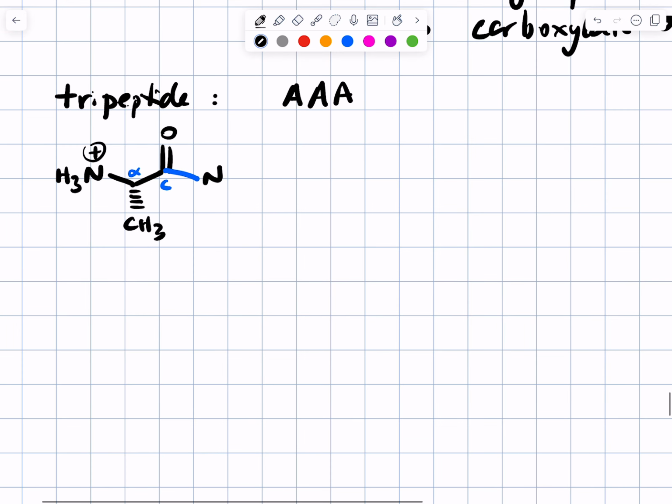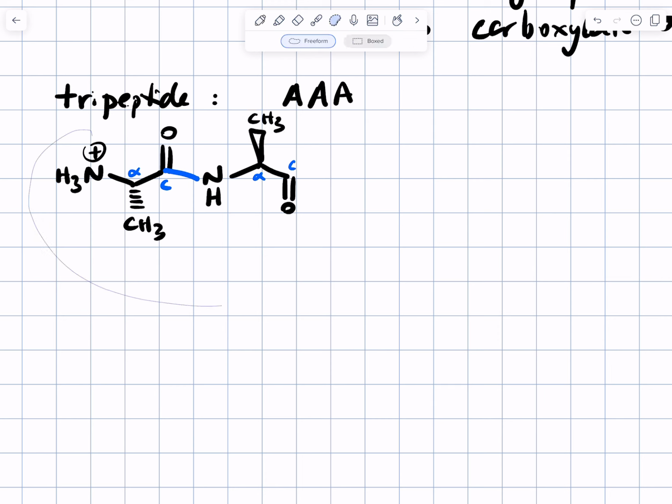Okay? And then that nitrogen belongs to the next alanine. Now, because I've drawn this next alanine with the nitrogen on the left, the carboxylate group on the right, and the alpha carbon pointing upward, the side chain should be a wedge rather than a dash, and it's still a methyl group.